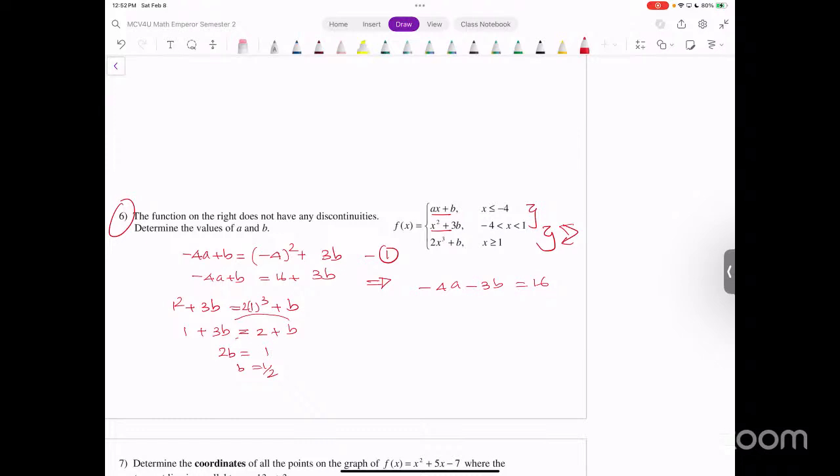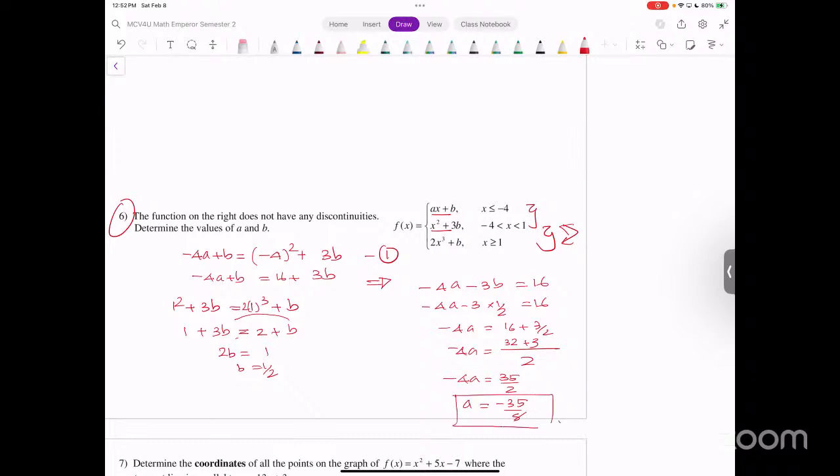So we already know what the b is. -4a minus 3 times 1/2 is equal to 16. -4a is equal to 16 plus 3 over 2. -4a is equal to 32 plus 3, 35 over 2. So a is equal to -35 over 8.